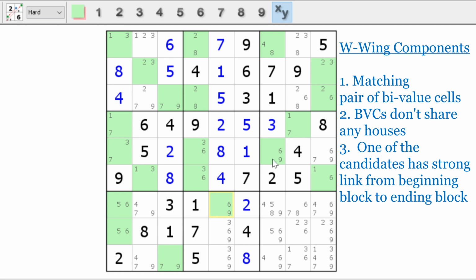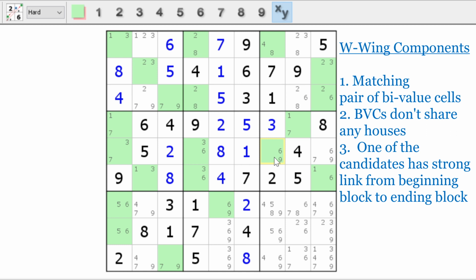And so the third requirement, you got the matching bi-value cells. They cannot share the same house. And then the next requirement is that one of these candidates, either 9 or 6, has to be able to see one of the candidates that has a strong link from the beginning block to the end block.